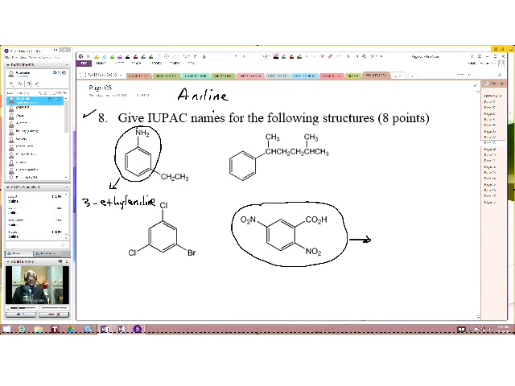Okay, for this, I want to use benzoic acid for the base name. Okay? So what will be the name for this? You have to give the number so that you assign the lowest possible number to the substituent.